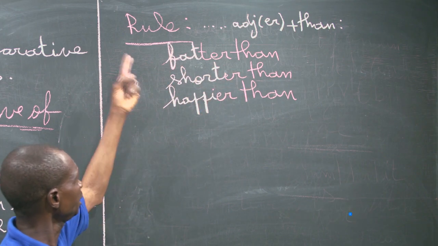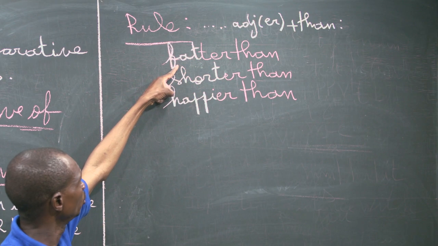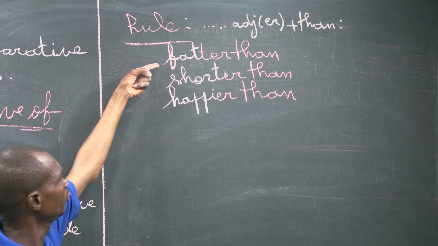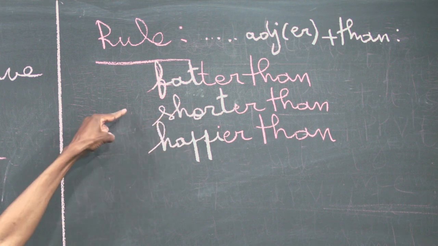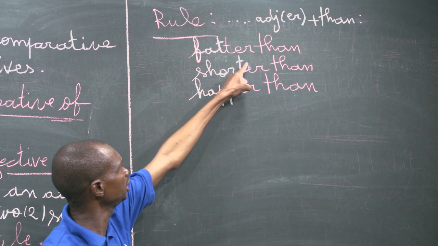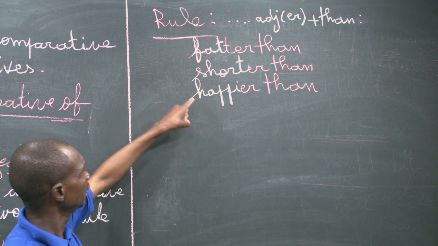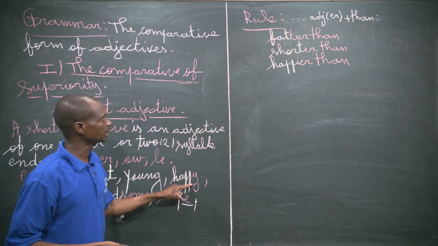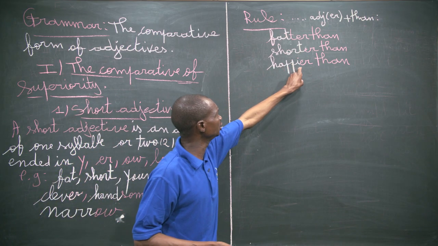If the adjective ends in a consonant after a vowel, we must double the final consonant before putting ER, like fat, fatter, or big, bigger, because the G is preceded by I, which is a vowel. Shorter obeys the rules of formation, and happier: if the adjective ends in Y, like happy, we change the Y into I before we add the ER.